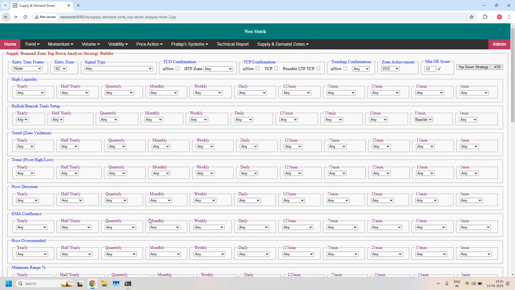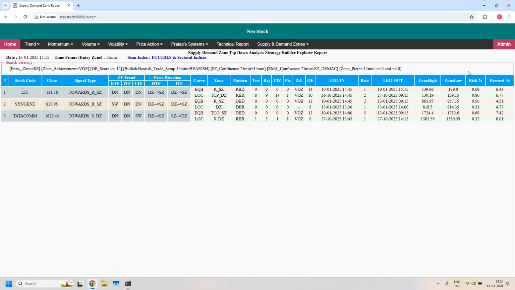Let us verify. In the EMA confluence at 75 minutes time frame, 75 minute supply zone having daily EMA confluence. Let's filter. We got only 3 stocks. So these 3 stocks are even more high probability trade setup supported supply zones.